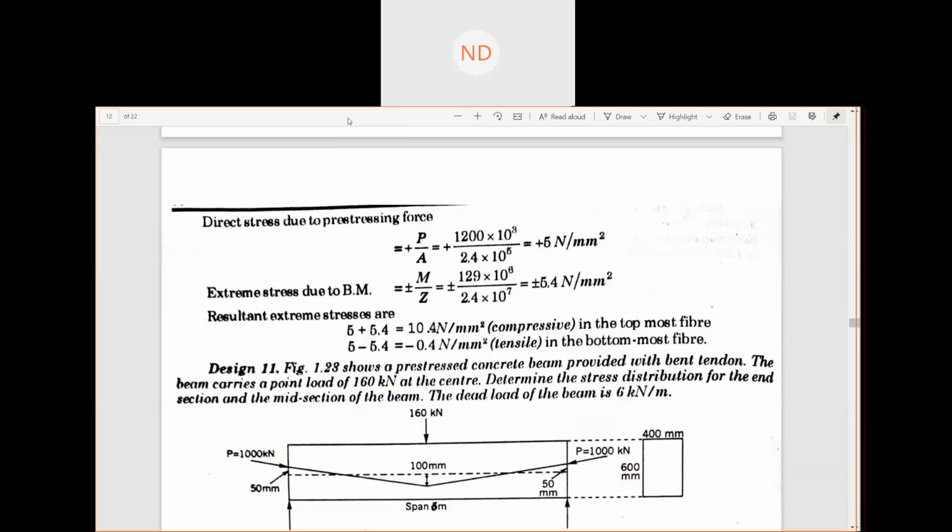Calculate and mention in the chat box. Which is your P by A.